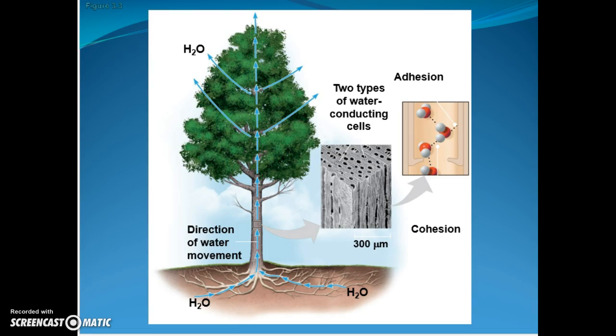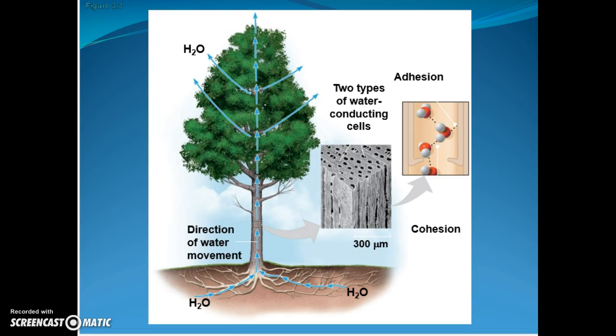And as we look at photosynthesis in a later unit, you'll be reminded that water is an essential part of photosynthesis. Without that water molecule, photosynthesis will not occur. And so water must get up from the roots in the ground up to where the photosynthesis is going to occur in the leaves of a plant or a tree.